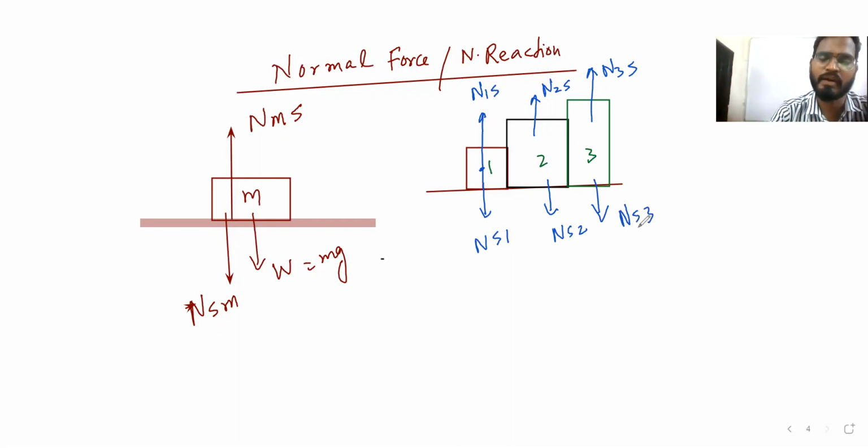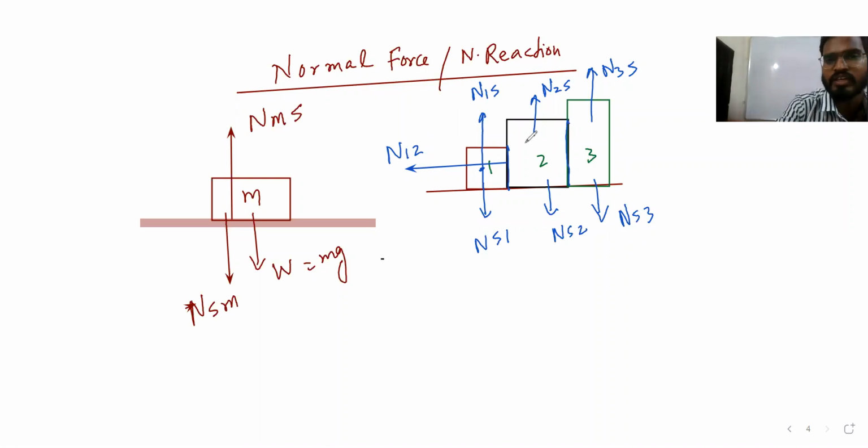But guys, one more thing we'll have to notice here, that there is also a contact surface. What I told the definition, whenever there is a contact, there will be a normal force. Normal force will always be perpendicular to the contact surface. Fine. So now we can say there will also be a normal force. There is also a contact. So we can say normal force on 1 due to 2.